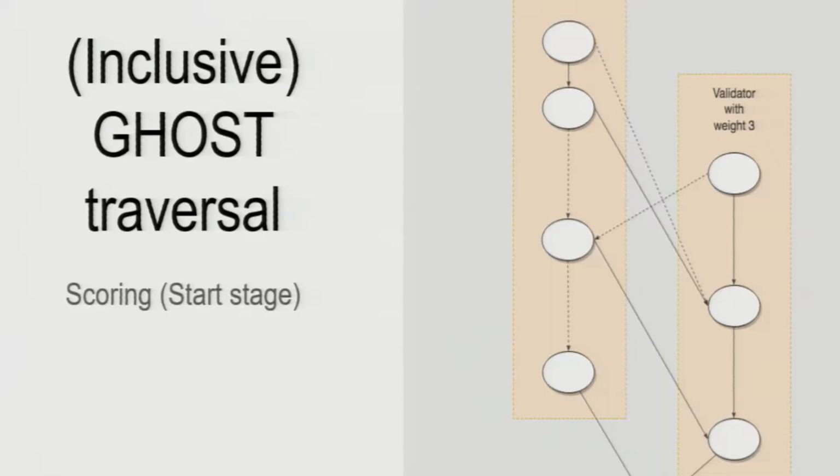On the x-axis are the columns, which represent validators. And the y-axis represents time. I've conveniently drawn these diagrams such that every block is in a different time step. In reality, some of these blocks will be produced in parallel.